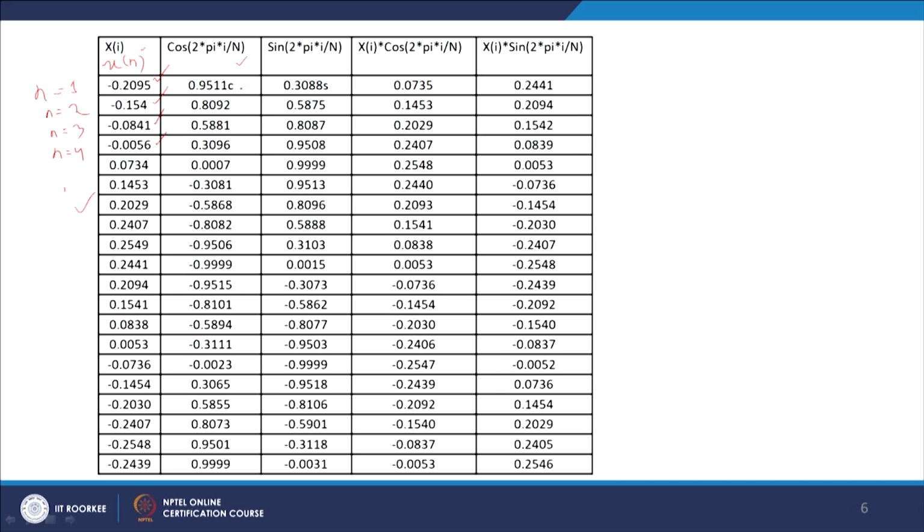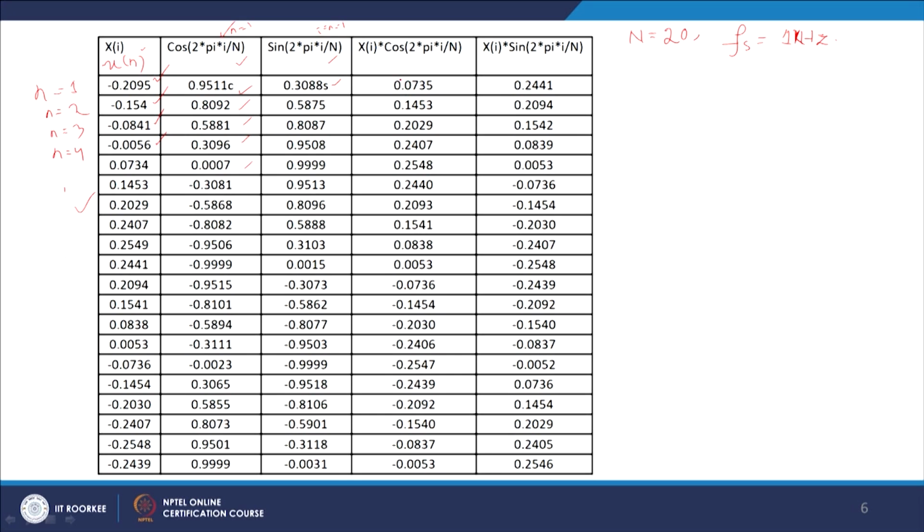If you put this in, these are the corresponding magnitudes, and similarly this is our imaginary part, sine of 2 pi n divided by N. When you calculate this, for i or n we can replace it with whatever we like, for n equal to 1 this is the corresponding value, and here you should put N equal to 20, because the sampling frequency we have mentioned here is 1 kilohertz.